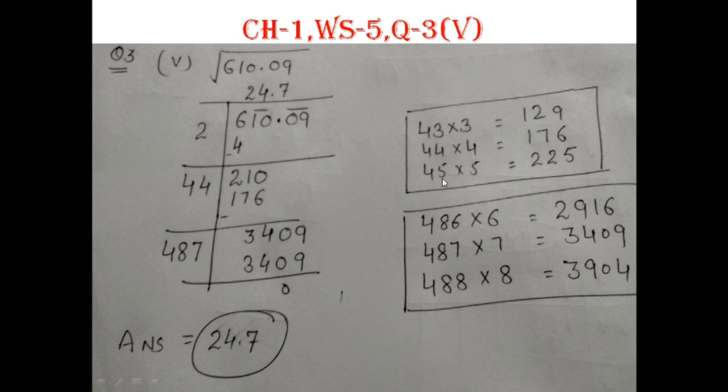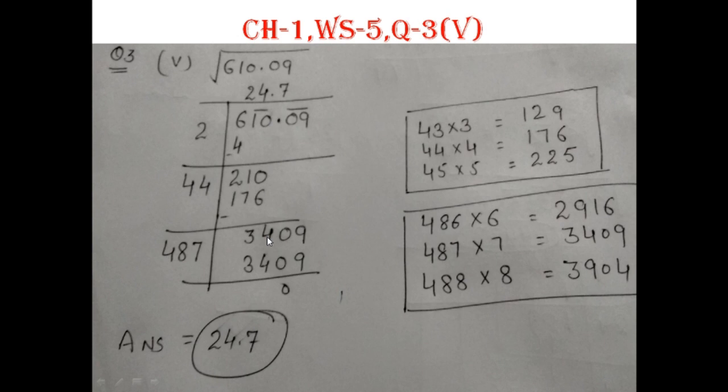And then I tried with 5 and 5. I got 225. But you know that 225 is greater than 210. So we will select 176, with the help of this 4. We will mark 4 here. After subtracting 176 from 210, we will get 34.